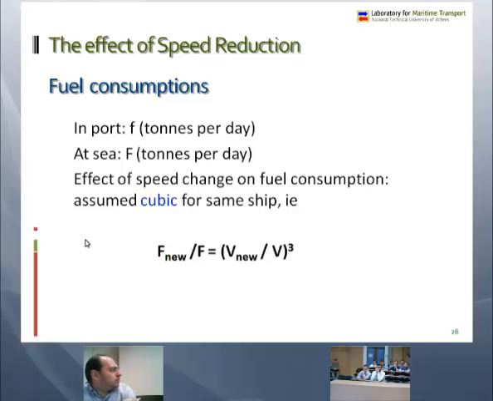The new consumption divided by the consumption when the vessel runs at the normal speed will be equal to this factor: the new speed divided by the normal speed, to the power of 3.